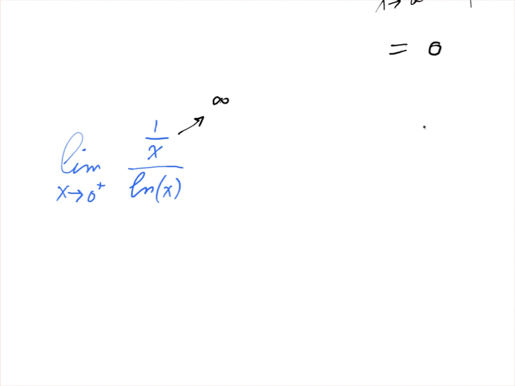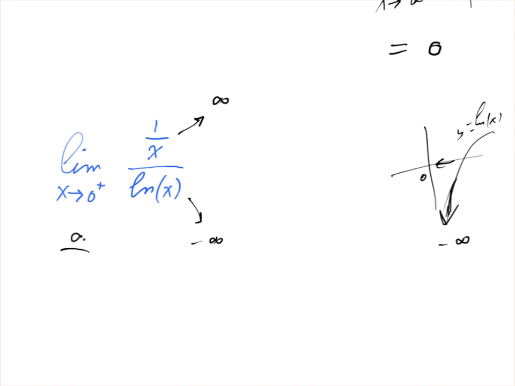In the denominator, we know if this is the graph of ln of x, as x tends to 0, ln will tend to negative infinity. So the denominator tends to negative infinity. And this is considered infinity over infinity type. And again, L'Hopital's rule applies.